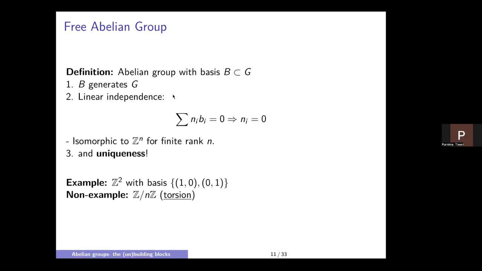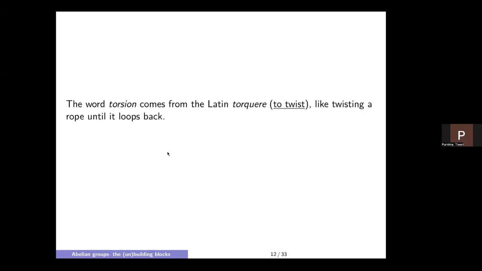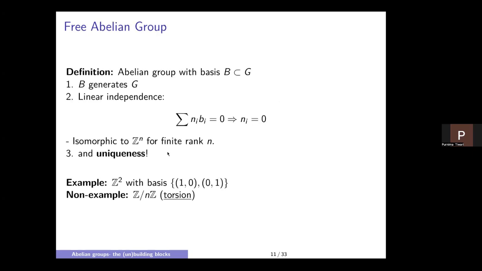That is, we can express an element of G as a linear combination of the elements of B with integer coefficients, and if this is 0, this implies that the coefficients are 0. It is isomorphic to Z^n for finite rank n, where n has to be finite. And uniqueness. Uniqueness implies that if summation of n_i b_i is equal to summation of m_i b_i, then n_i must be equal to m_i for each i in the indexing set I.